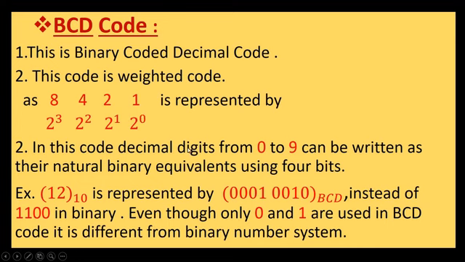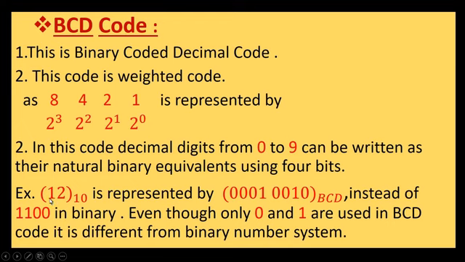In this code, decimal digits from 0 to 9 can be written as their natural binary equivalents using 4 bits. Remember, in this code, decimal digits means from 0 to 9. These 4 bits are 8421.